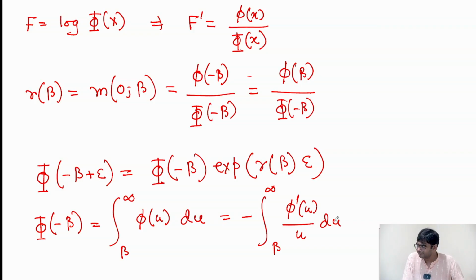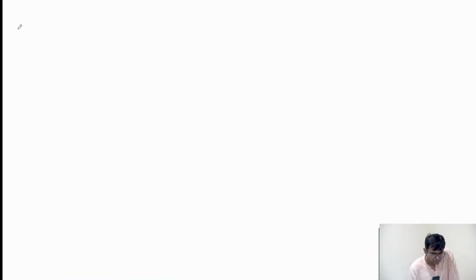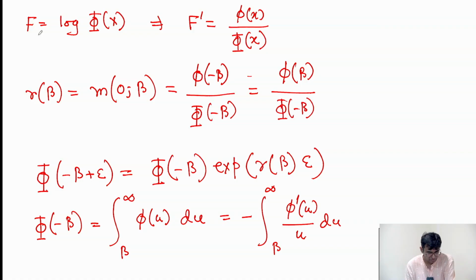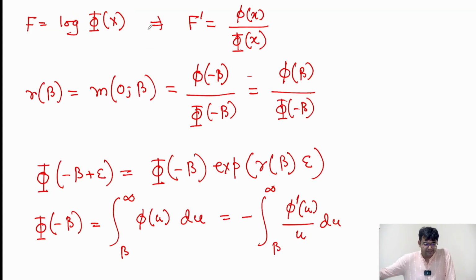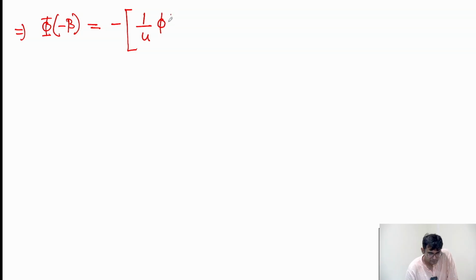And then the integration by parts, right? So that implies phi of minus beta is equal to, the negative sign I will keep outside, and now I will use integration by parts. So 1 by u, integration of phi dash u will give me phi u, and this is to be evaluated from beta to infinity, right?